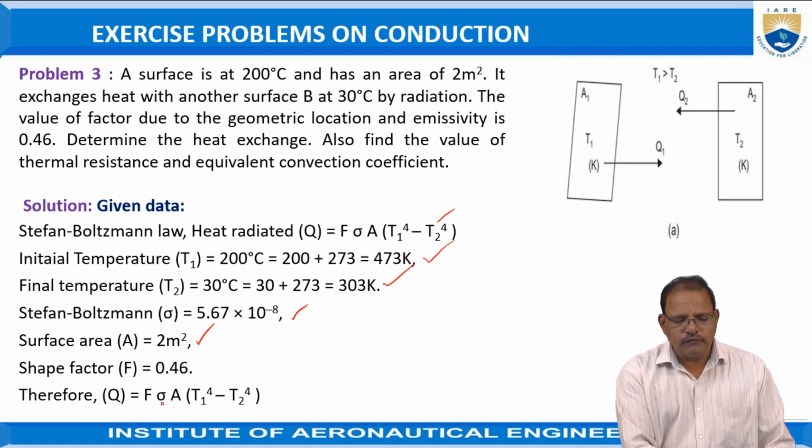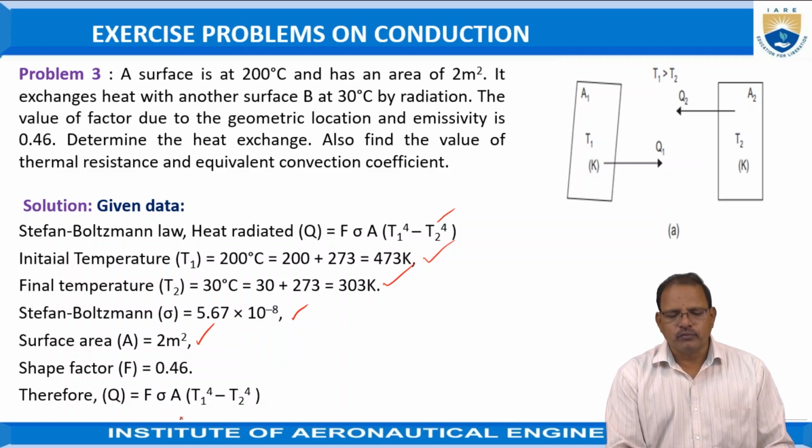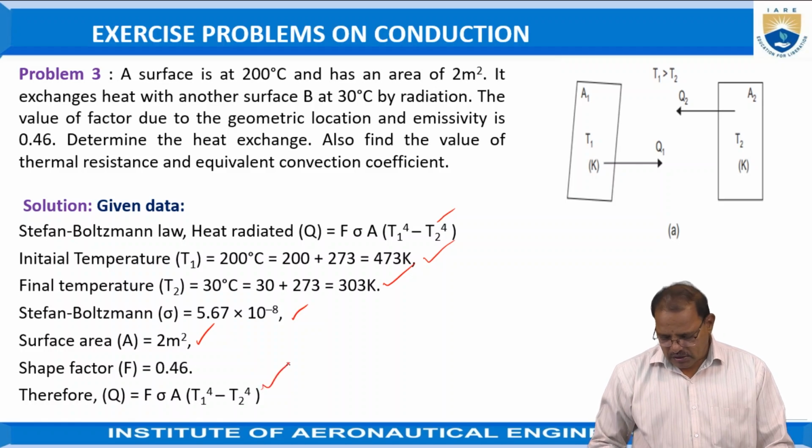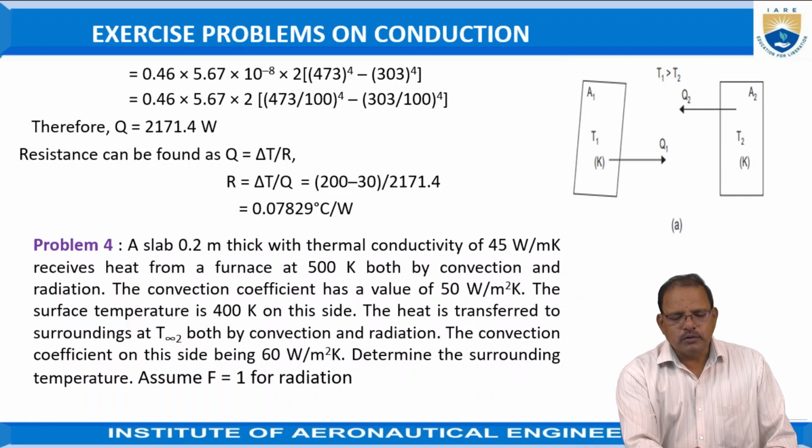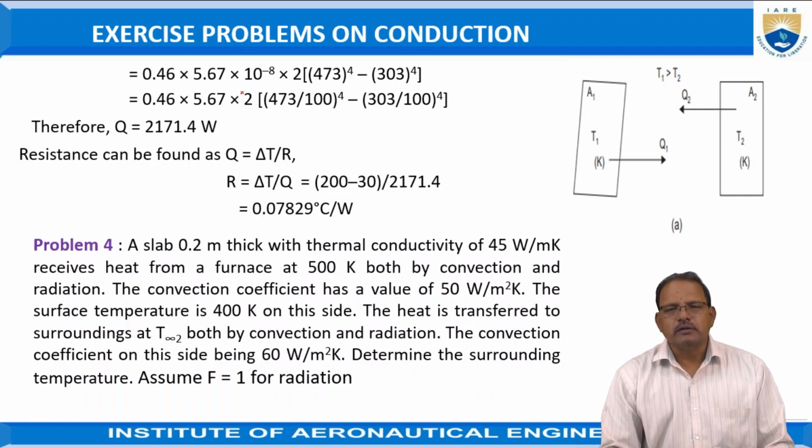Therefore, Q is equal to F into sigma into A into (T1 to the power of 4 minus T2 to the power of 4). Substituting these values, we got 0.46 into 5.67 into 10 to the power of minus 8, the Stefan-Boltzmann constant, surface area 2, into (473 to the power of 4 minus 303 to the power of 4).